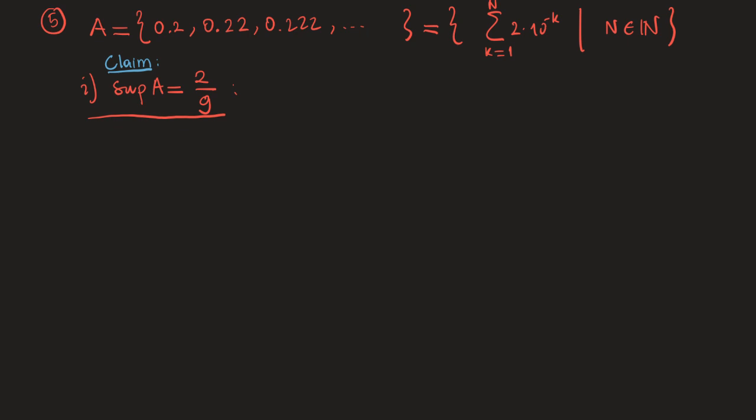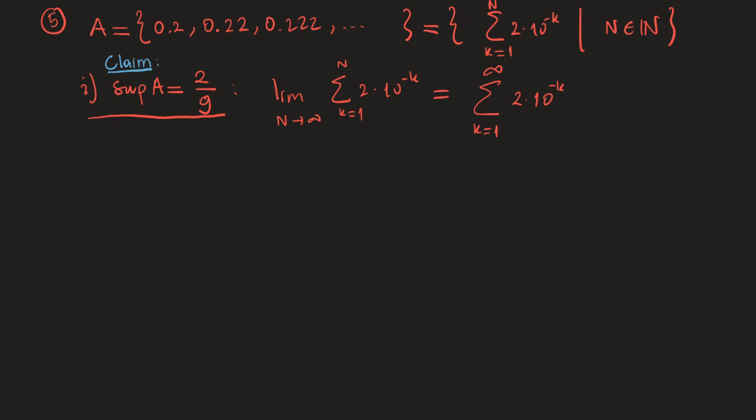So let me just calculate the limit. The limit of this general formula is by definition the infinite series from k equals 1 to infinity of 2 times 10 to the power minus k.